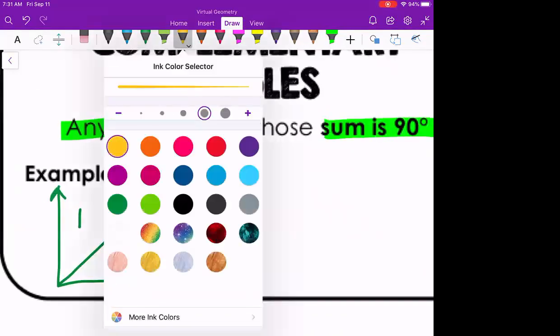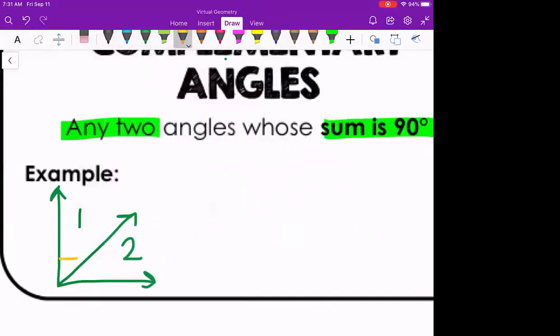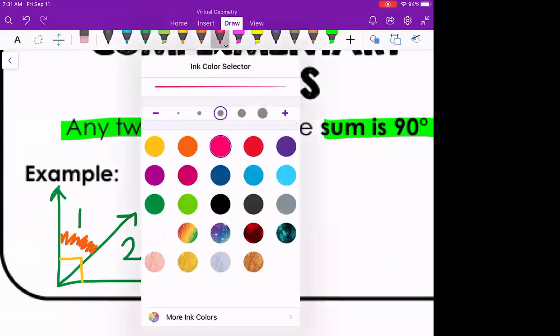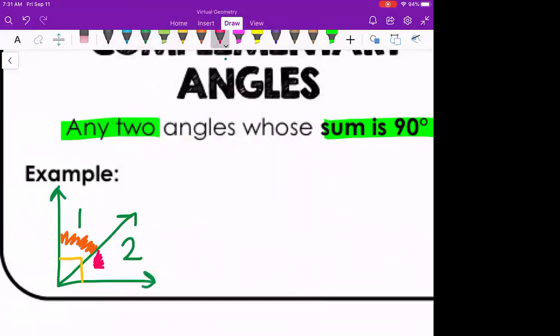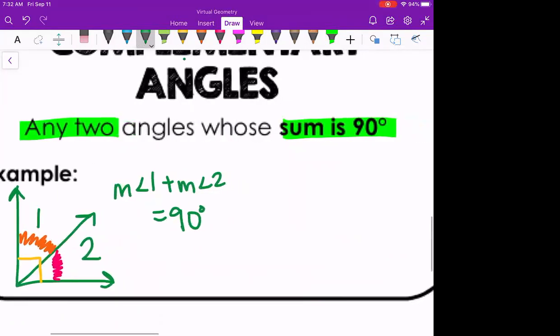I don't know how much each one of them are, but look for that right angle box, because if both of these angles can fit inside a right angle, then those two spaces together make up 90, which means they have a complementary relationship. So the measure of angle 1 plus the measure of angle 2 equals 90. So they might be adjacent, and the clue here is to look for that 90-degree box if they are adjacent.